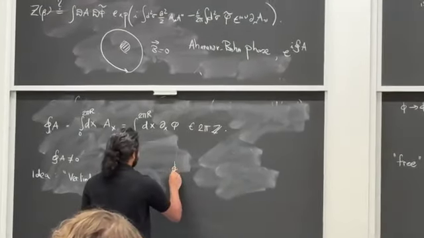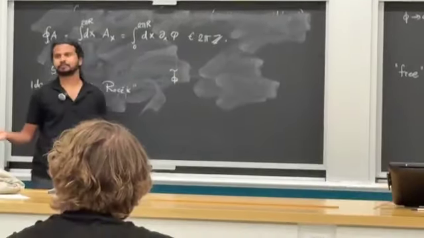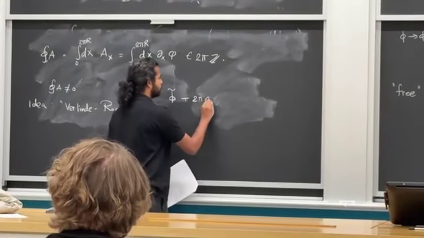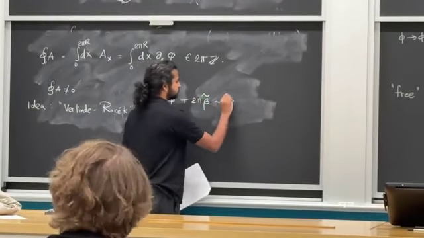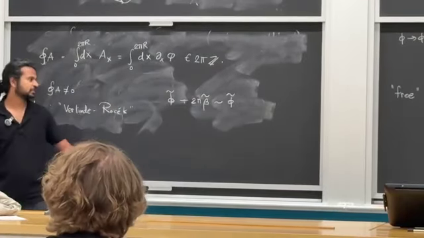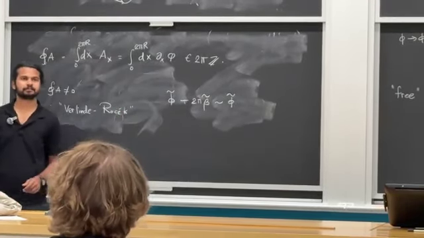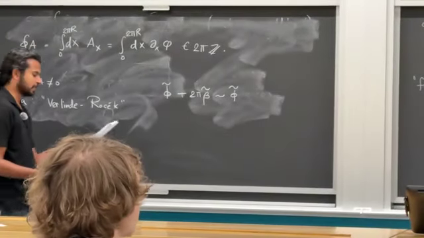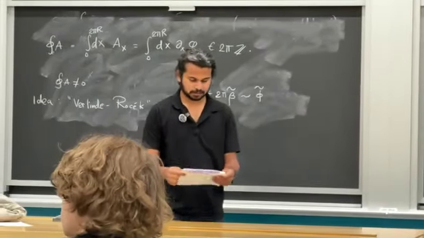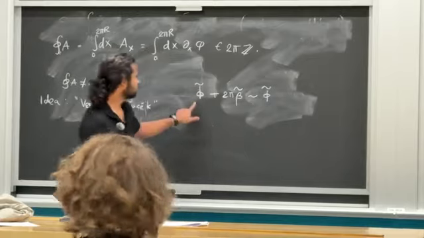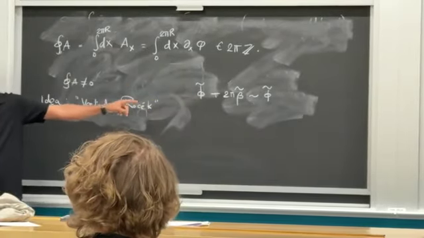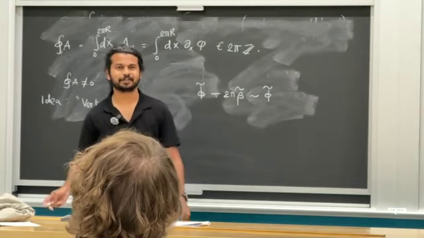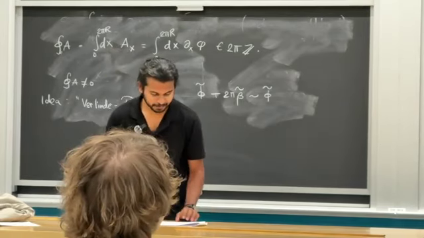So phi tilde, which was just a scalar field, now I will say that phi tilde plus 2 pi beta tilde is phi tilde. Beta tilde is the radius of phi tilde. Okay, what's the point in doing that? By the way, this periodicity is also called compact, if I did not define it earlier.